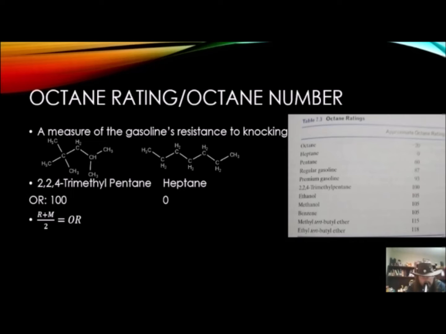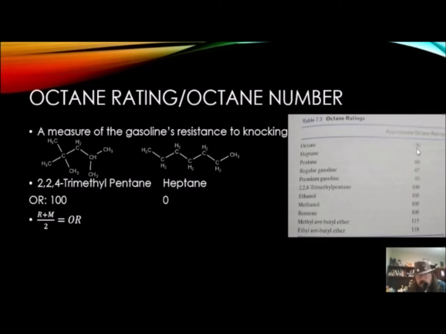The motor method is how likely it is to knock while you're traveling at highway speeds. Neither of these is perfect, so we take an average of the two to calculate the octane rating.